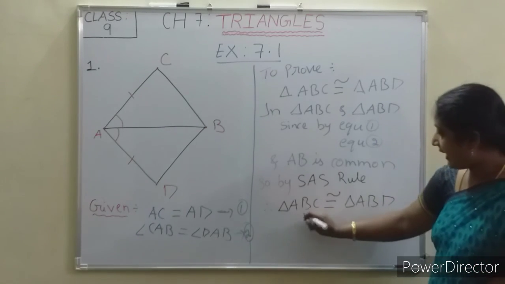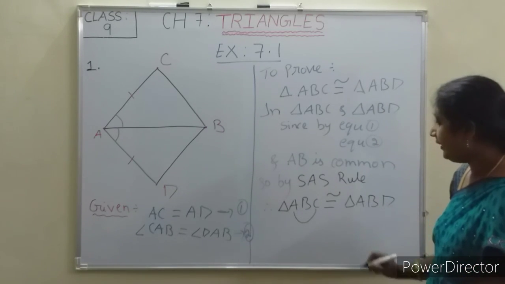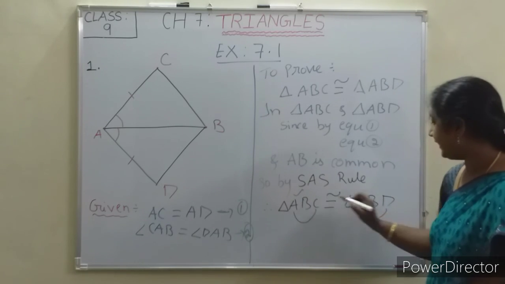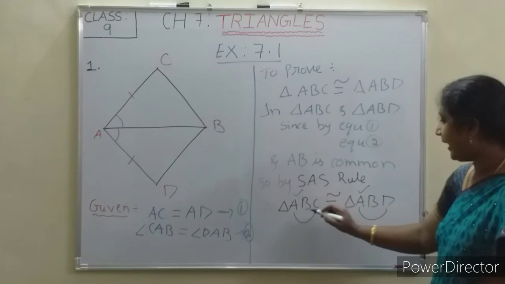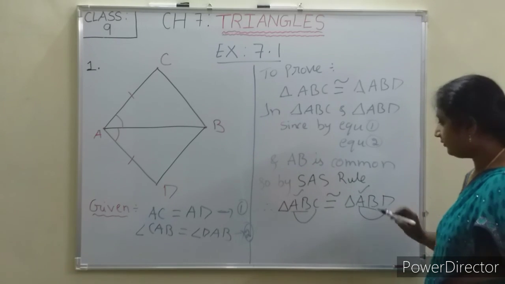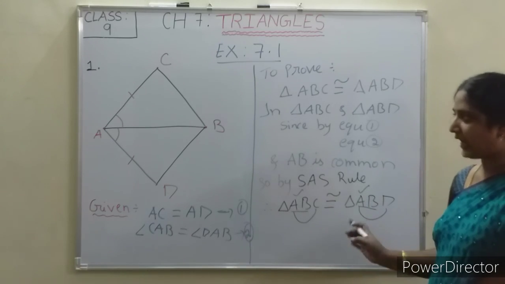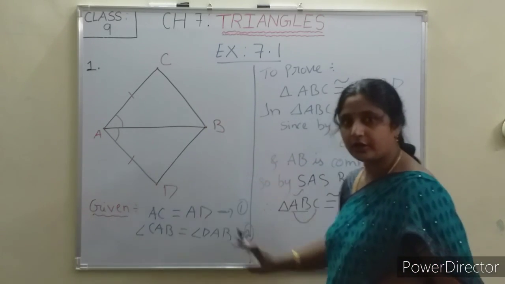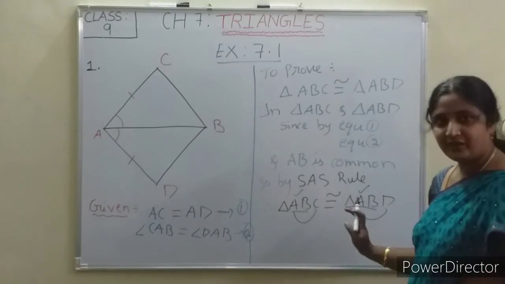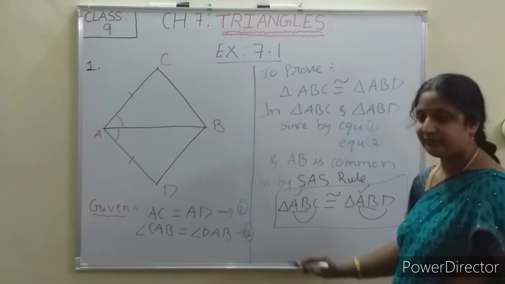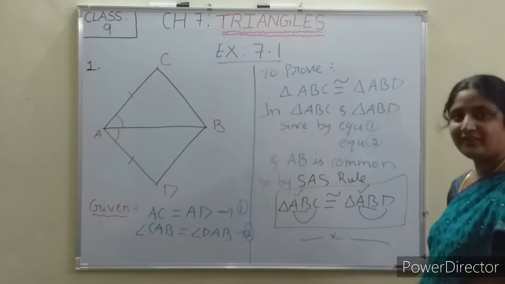See, AC and AD both are equal, angle A is equal, and AB is common. Children, like this also we can check. If you are not able to check in the diagram, you can check here also. So this triangle is congruent to this triangle. Thank you all.